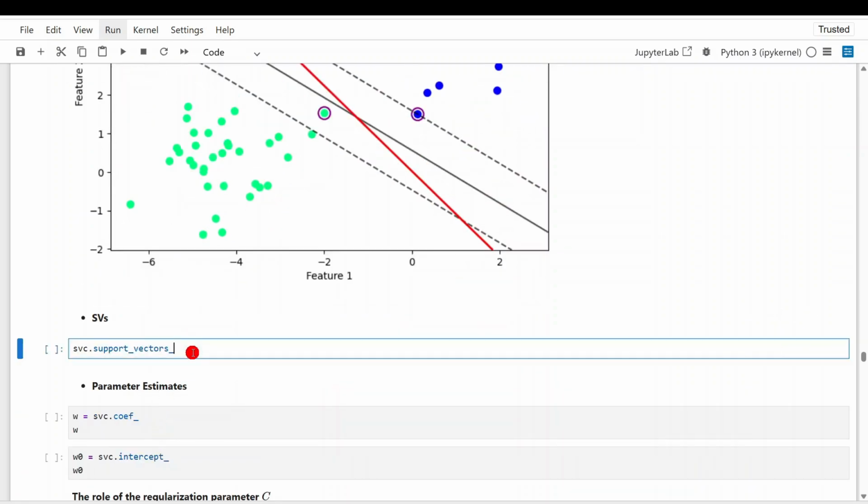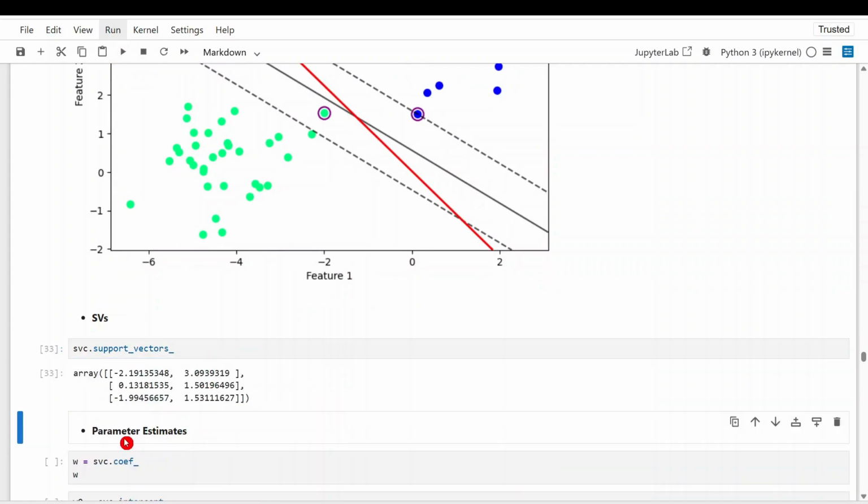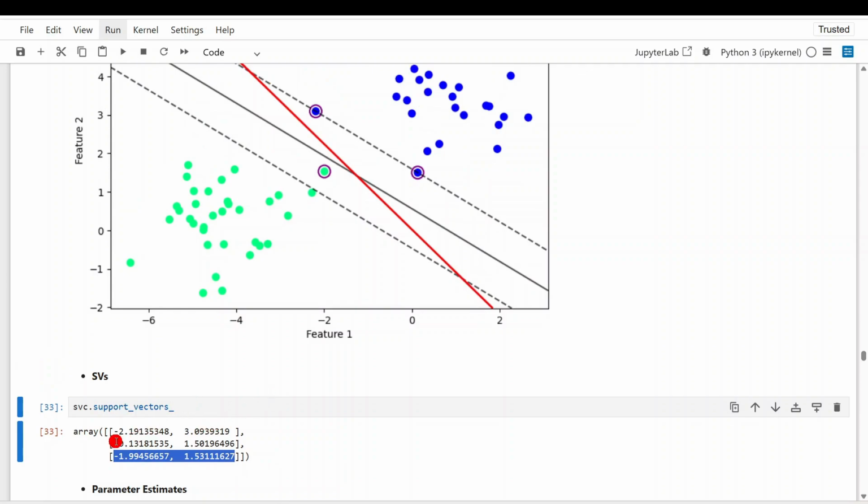So if we are interested, we can look at the support vectors, right? 1, 2, 3. The first, for example, minus 2.19, 3.0. Minus 2.19 is something around here, and 3.0, this point, right? The first point is this point, and 0.13, 1.5, 0.13 and 1.5 is this point, right?